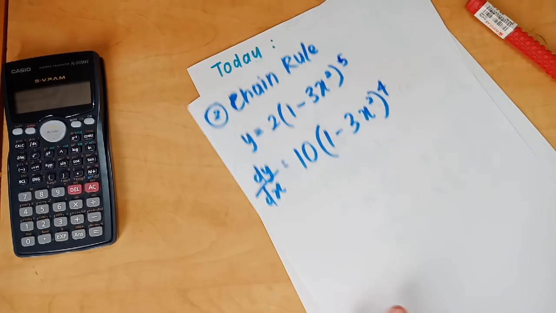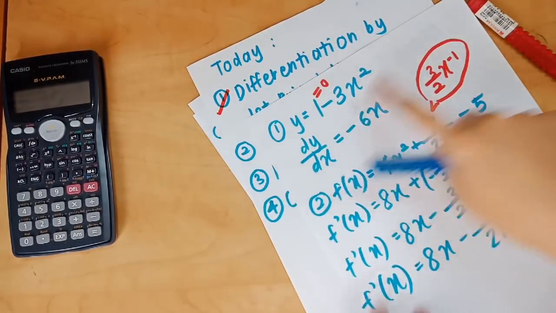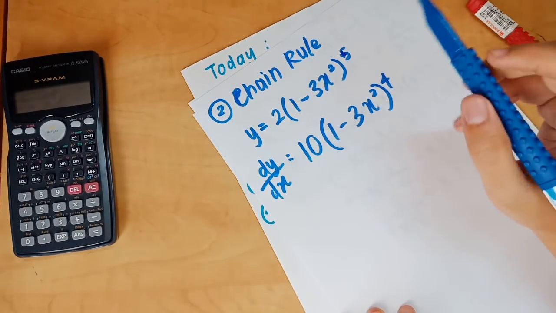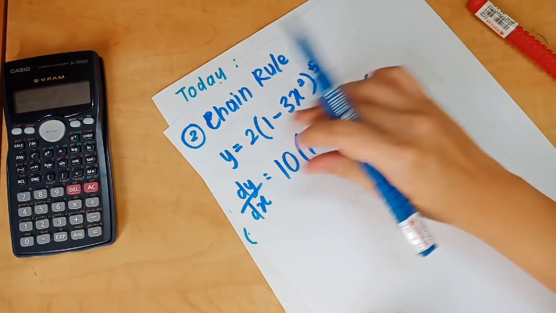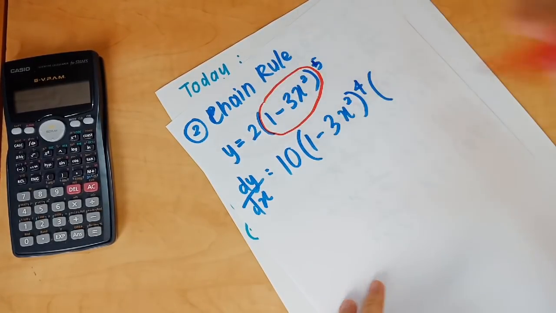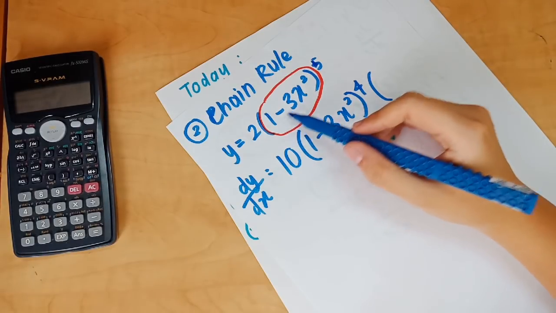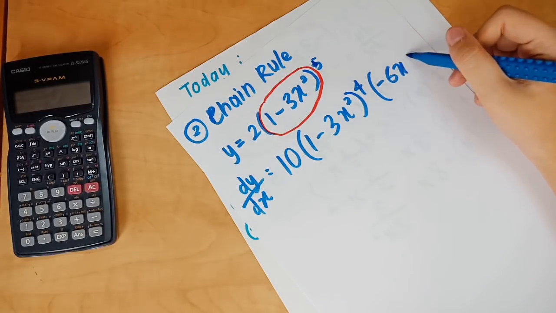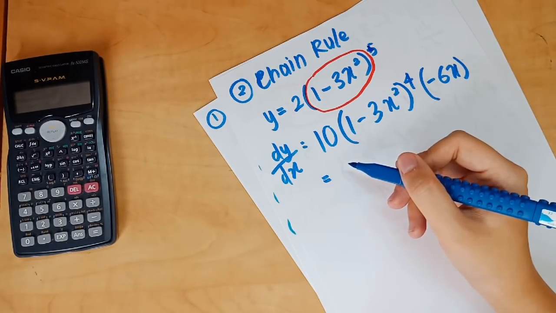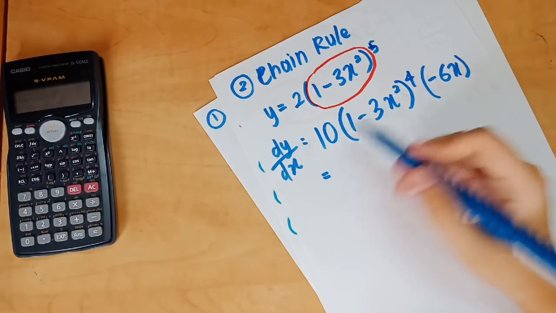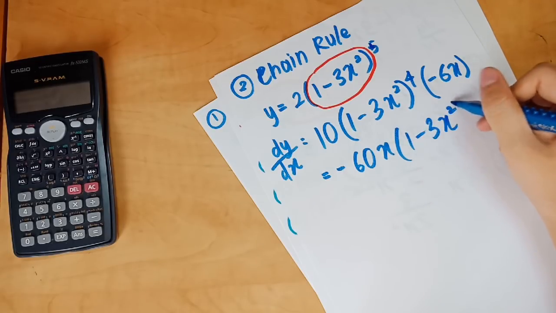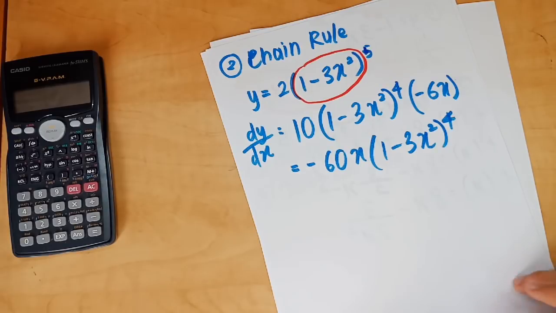The difference between the differentiation that we did just now and this one is that you have to differentiate the ones inside the bracket again. Now you don't look at the outside part of it, you just look at this 1 minus 3x squared. Differentiate this again, so you get -6x. Now you can simplify this, multiply this. So negative 60x (1 minus 3x squared) to the power of 4. So this is your final answer.